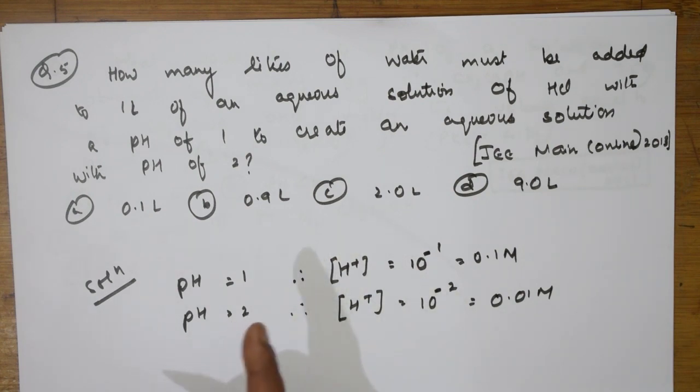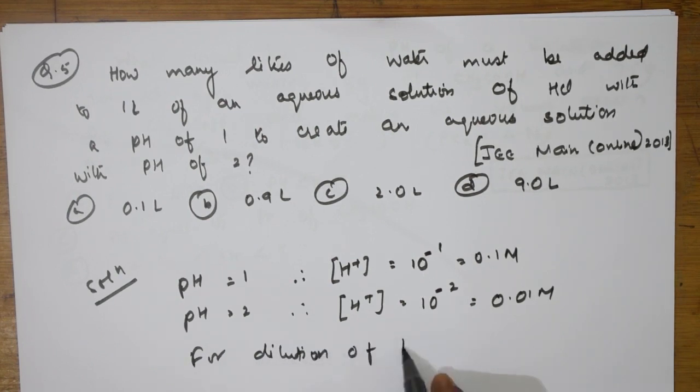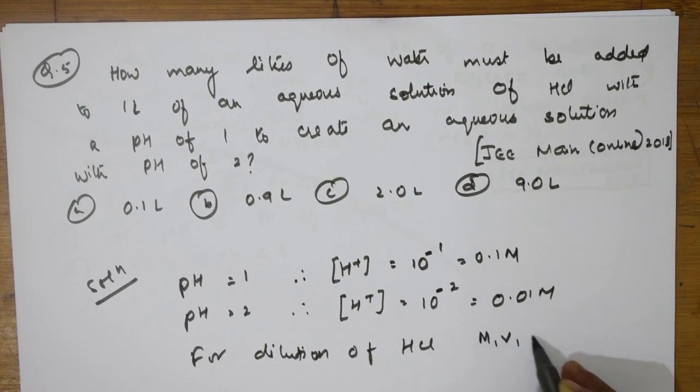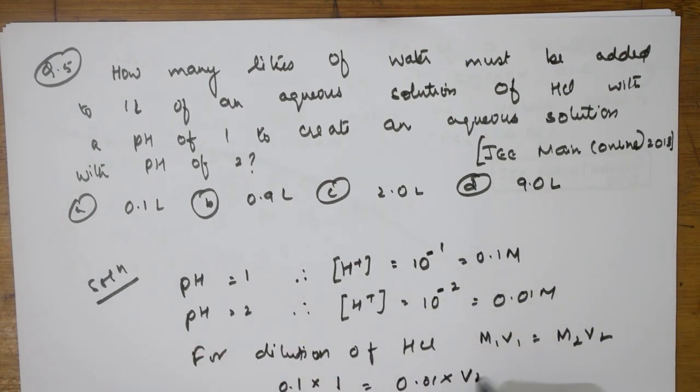Now they asked us how many liters of water must be added to 1 liter of aqueous solution of HCl. That means for dilution of HCl, M1V1 is equal to M2V2. Correct? Yes. So how much is M1 now? 0.1. What is the volume of this? 1, because they said 1 liter. What is M2 now? M2 is 0.01. What is the volume of this? I need to find V2, because I need to find how many liters it is.